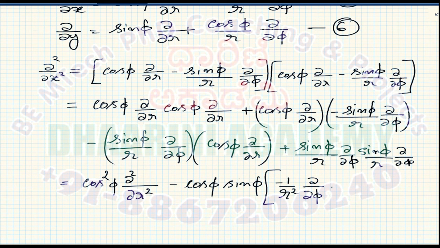Now I do the other way around. I get a plus, keep the first term 1 by r as it is, and differentiate the second term. There is already a dou by dou phi, and I'm applying dou by dou r to that. So I can write dou square divided by dou phi dou r. That's how we apply.